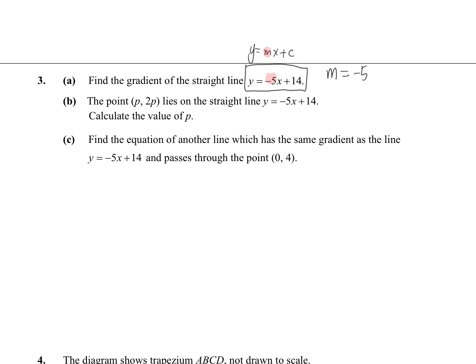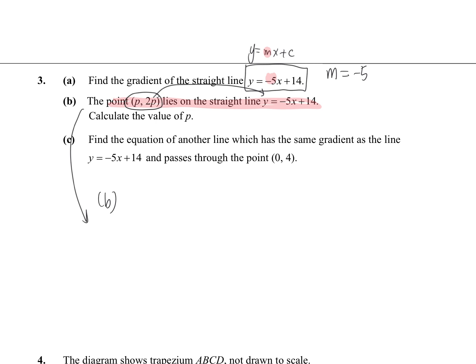Okay, next. They tell me that this point lies on this line. So when they say that, what do I do? This point lies on the line. So if it lies on the line, what can I do? If a point belongs to that line, it means I can substitute it in.